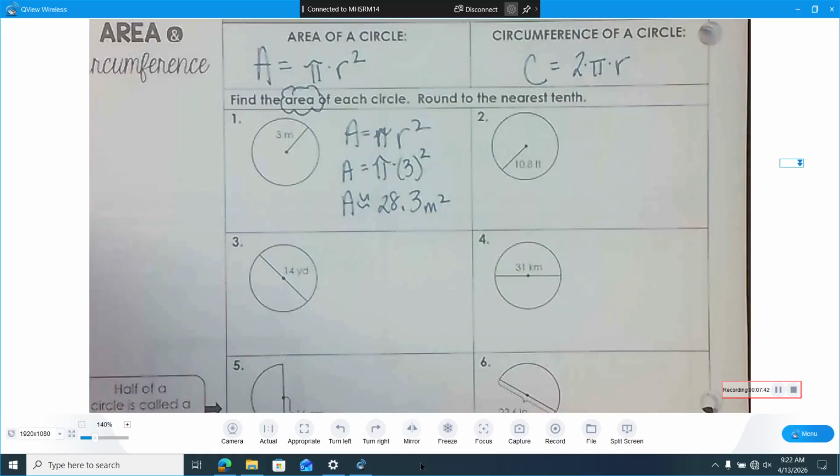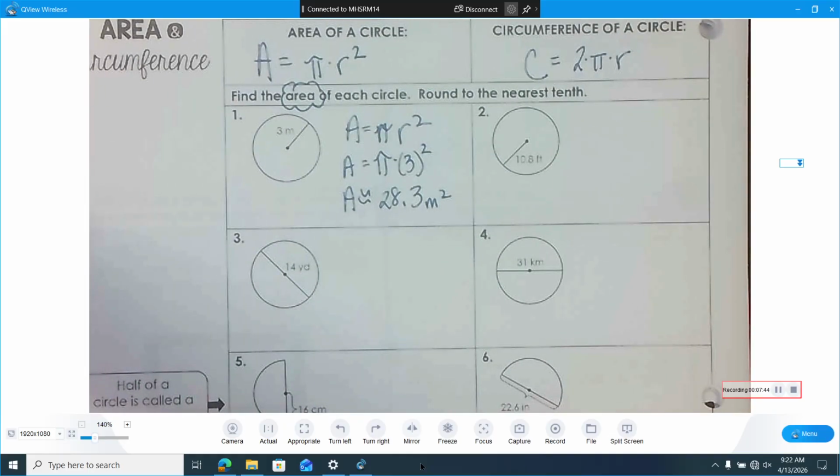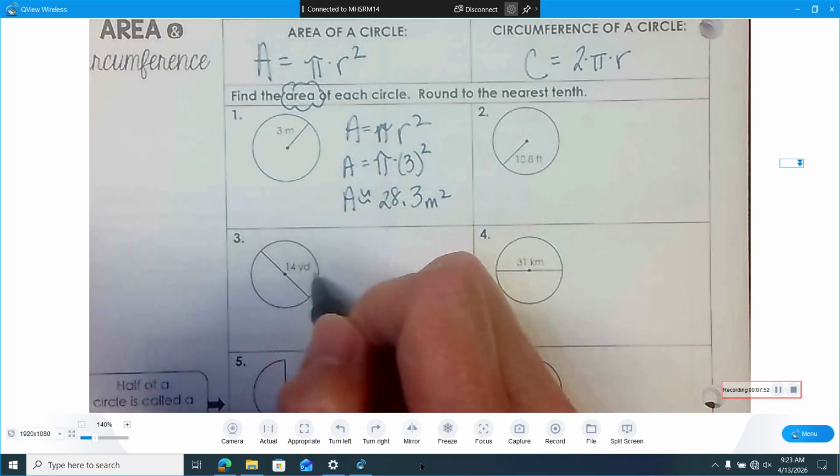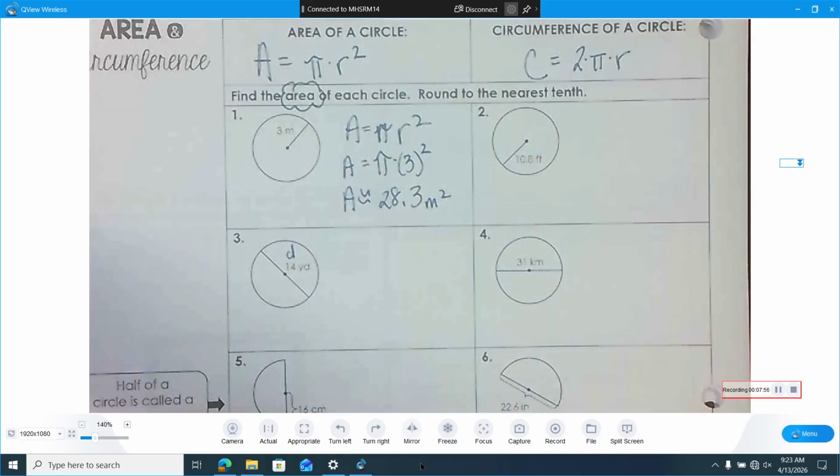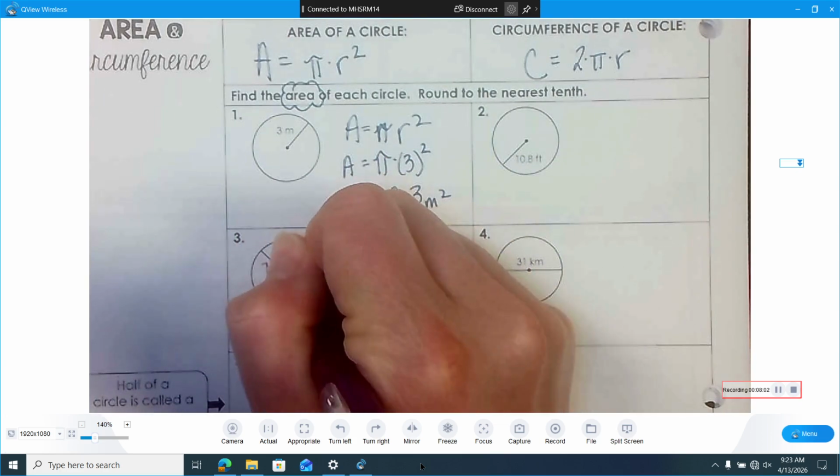Number 3. On number 3, what's the 14 yards telling us? Diameter, yeah, 14 yards is the diameter, D for diameter. What's the radius then? 7, very good. So the radius is 7.